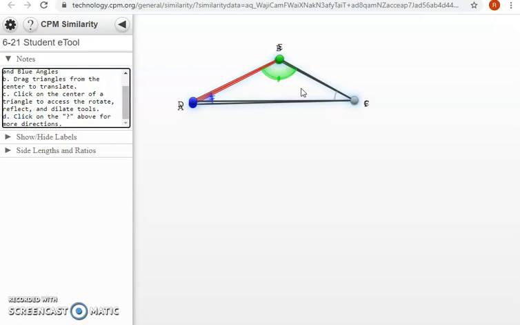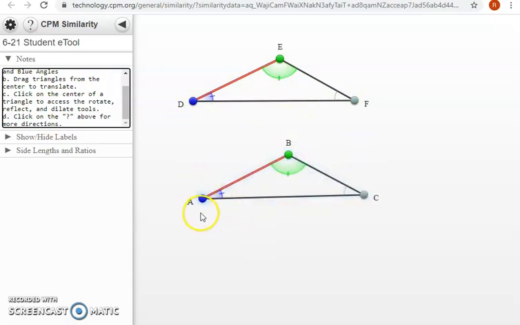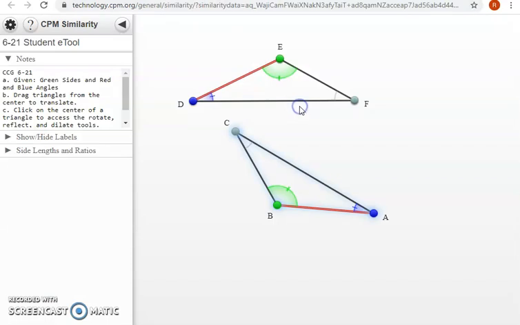I did a rotation. You did a rotation. I'm pretty sure I just rotated it. This angle right here was over here on this side, so there's no way of getting this blue angle to line up with this angle without doing at least one rotation, I believe.